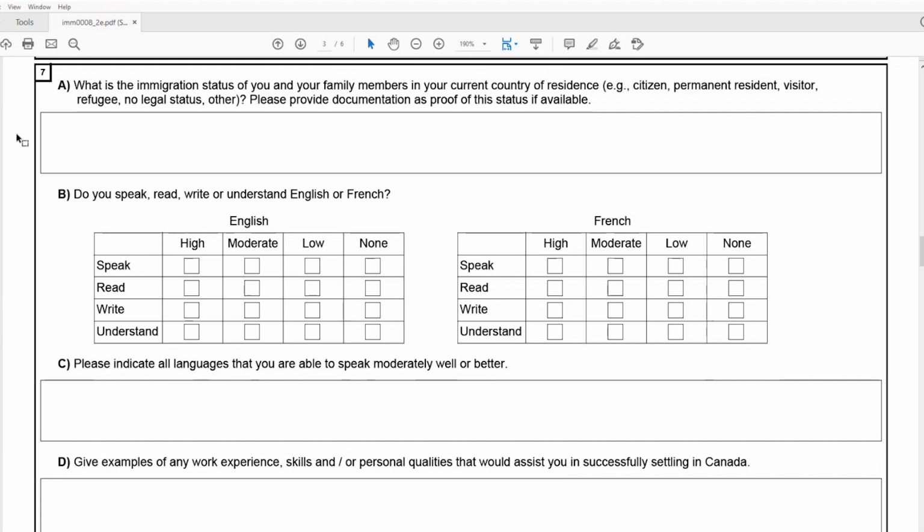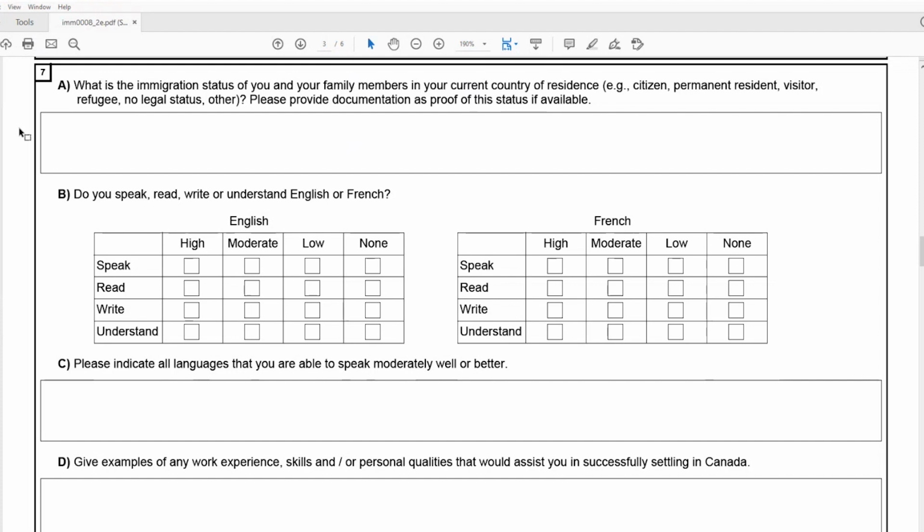Or do you not have a status at all for the country you're currently residing? In particular, if you have a temporary residency, then you need to explain that as well. And provide the documentation you've been provided for the status that you were granted in the current country of residence where you are.